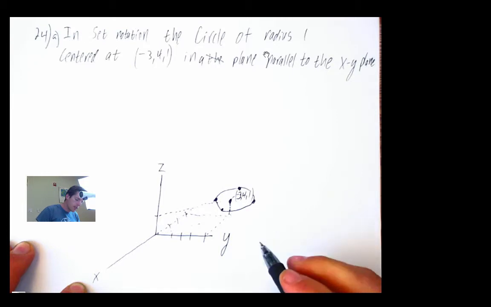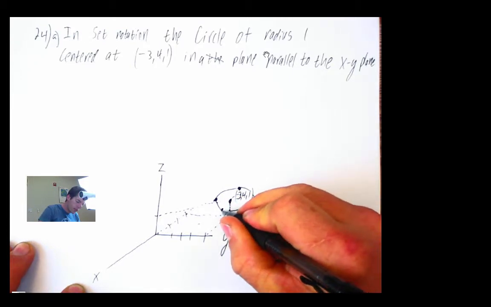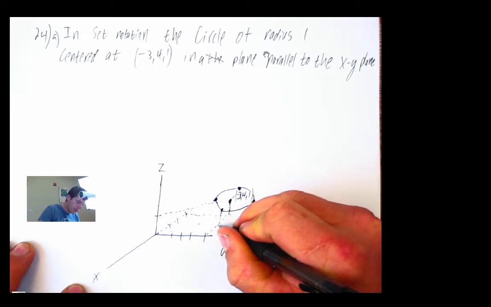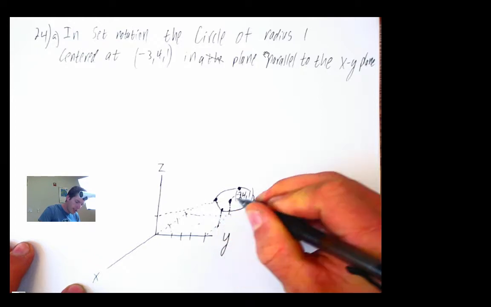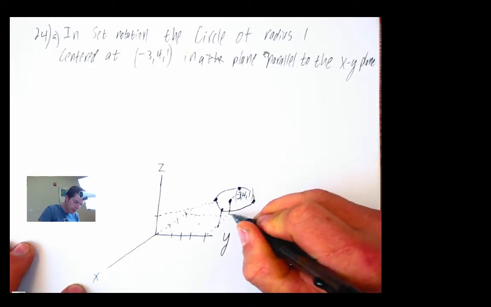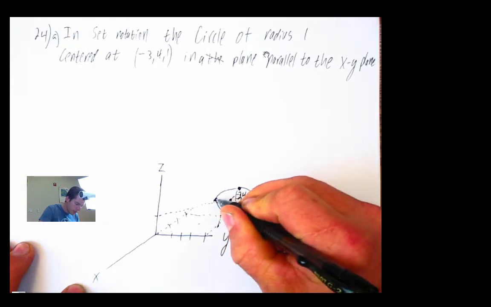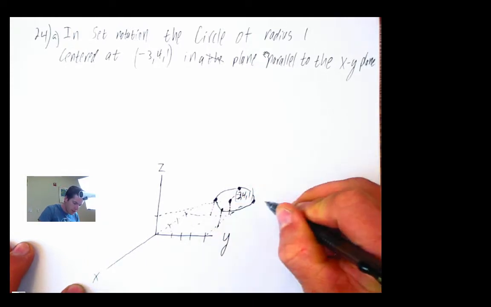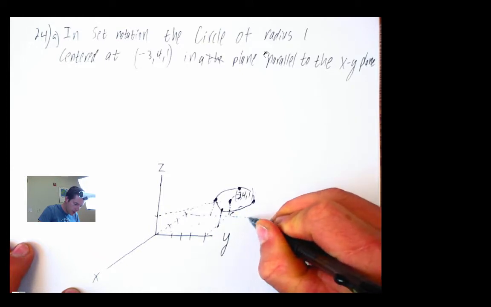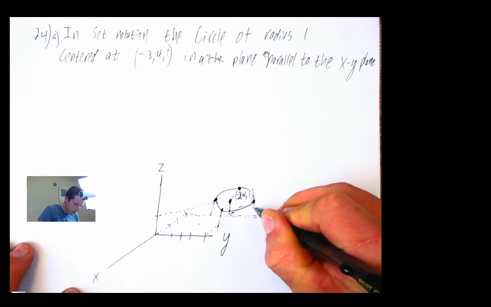Rather, let's see, how do I reinforce that? I could draw a dotted line coming down right here, and I could draw a dotted line coming down back there also. If I really was good at this, I could do such things at least. And maybe that could help a little bit, feel like we've got some depth.